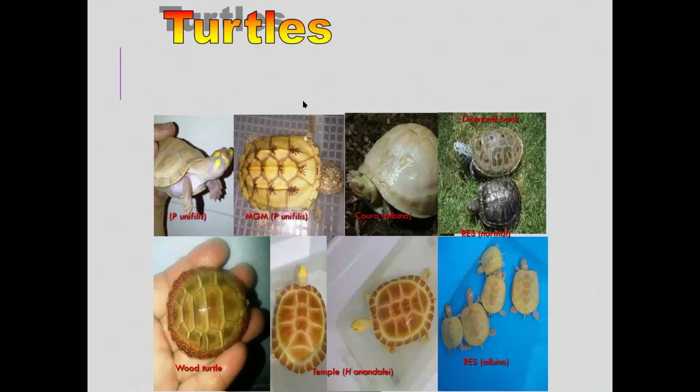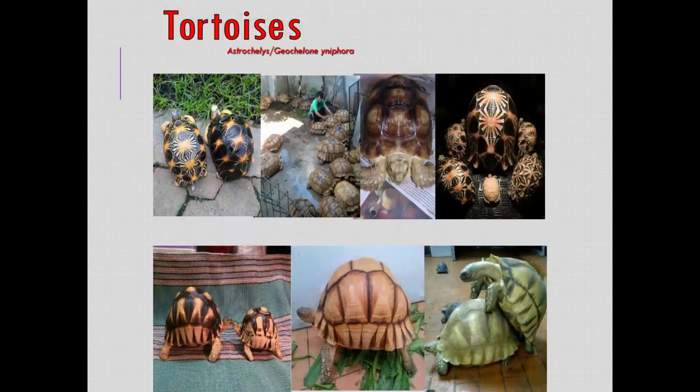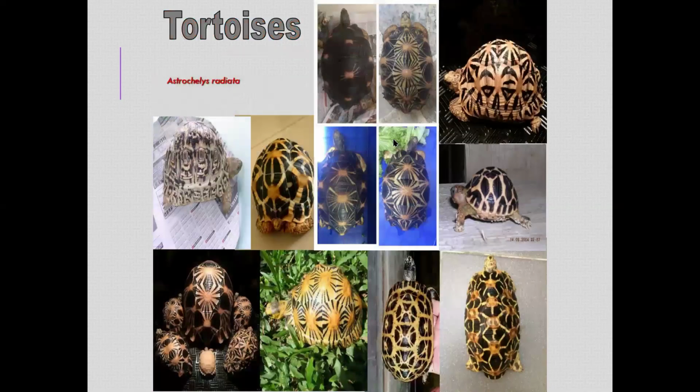In maybe the recent 5 years tortoises have had huge popularity, and a lot of breeders have successfully bred them, especially sulcata and radiata. This one is an Indian star and sulcata. This one is an example of a radiata tortoise.